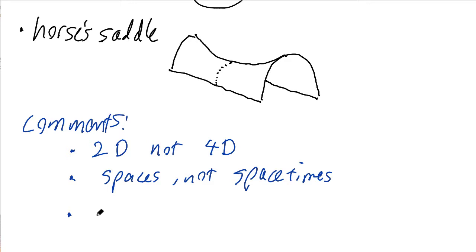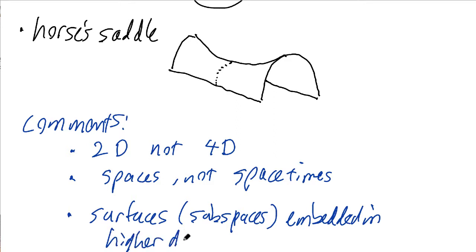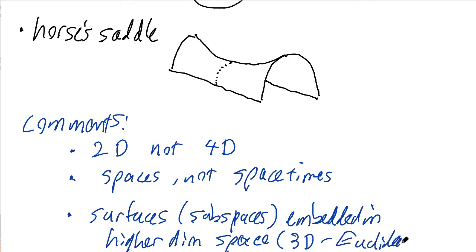So these are surfaces or subspaces embedded in a higher dimensional space, which is implicitly 3D Euclidean space. So this is different from space-time. Space-time is four-dimensional, and as far as we know, it is not embedded in any higher dimensional space or space-time.